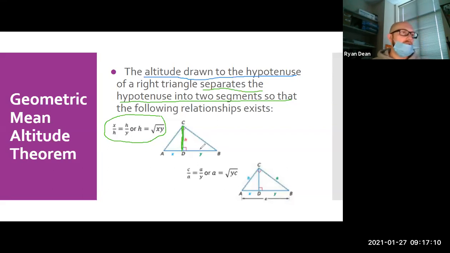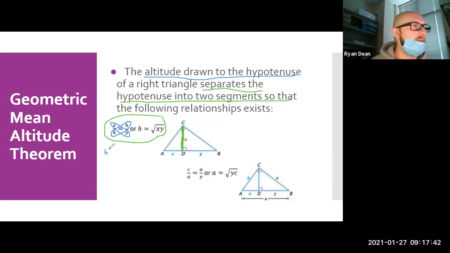What I'll do is show you how to manipulate this to get this relationship, where h is equal to the square root of x times y, because it comes from this equation. When you're manipulating it, I think a lot of people learn the butterfly method, where you circle the variables diagonally, multiply them together, and then set them equal to each other.